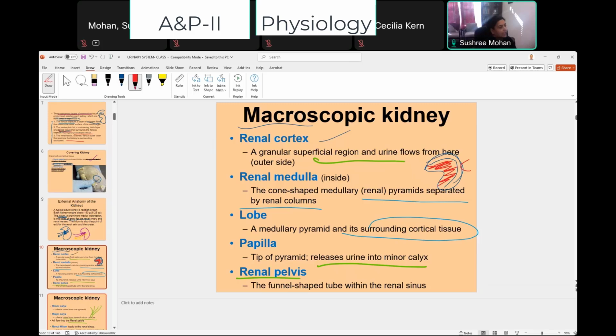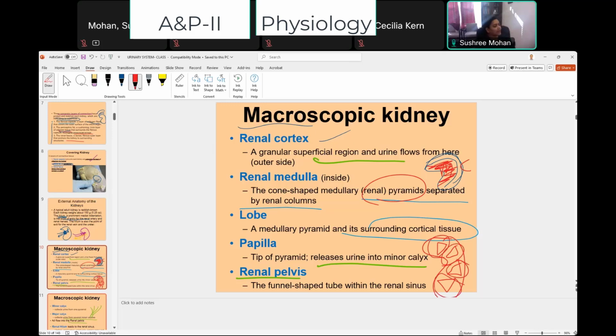So cortex and medulla. Then you'll find that the medulla is divided into cone-shaped pyramids. These are pyramids, and you can call that a lobe, like a section would be a lobe.